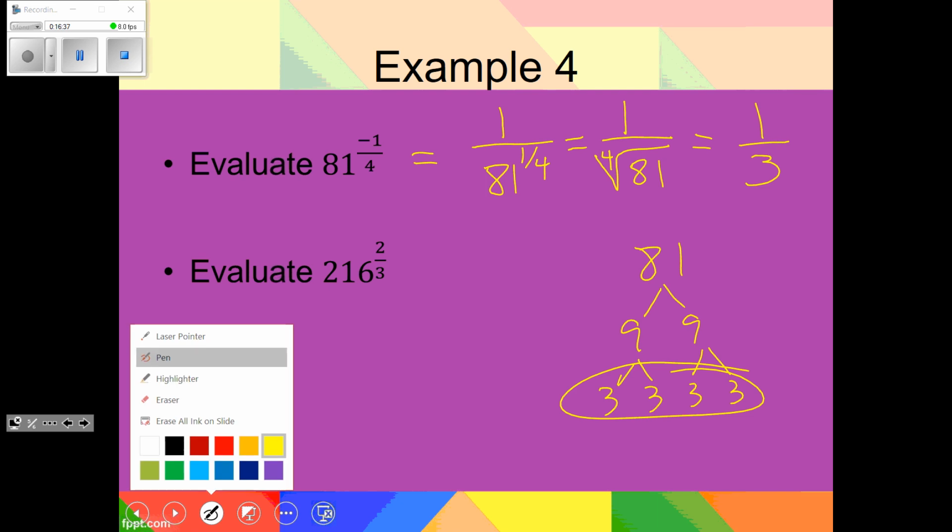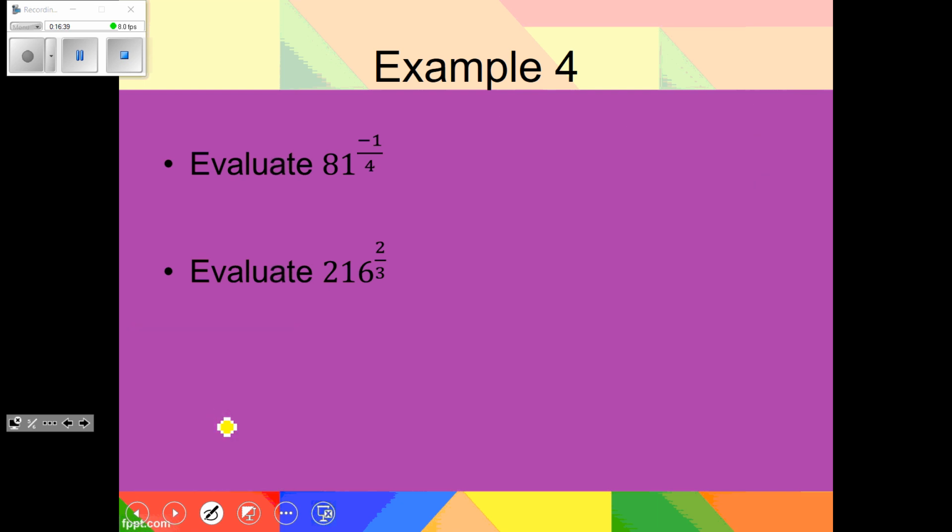So same thing here with 216. You could put it into radical form first. Do I need to move this one to the denominator? No, he's fine. He's got a positive exponent. He's fine. So what root is this? This is the 3rd root of 216 squared. Well, then what is 216 squared?